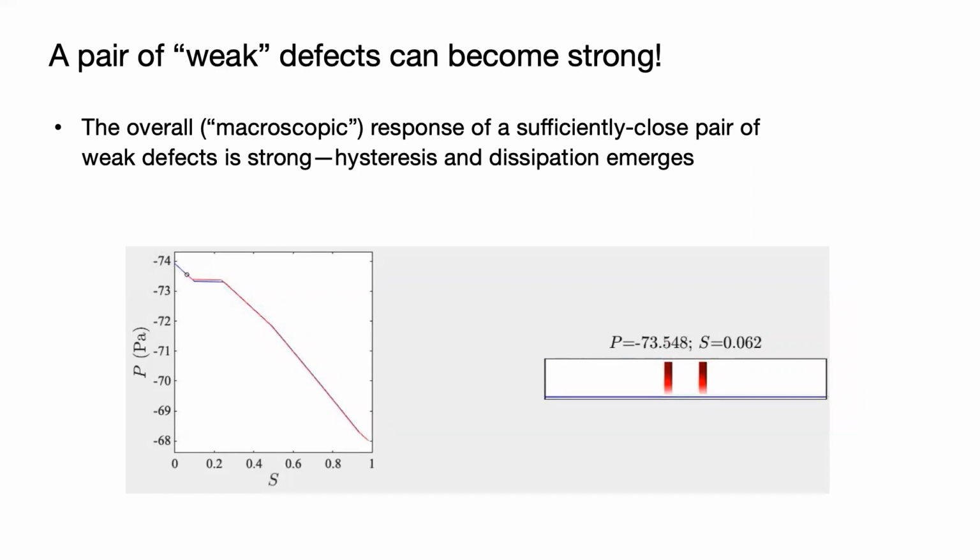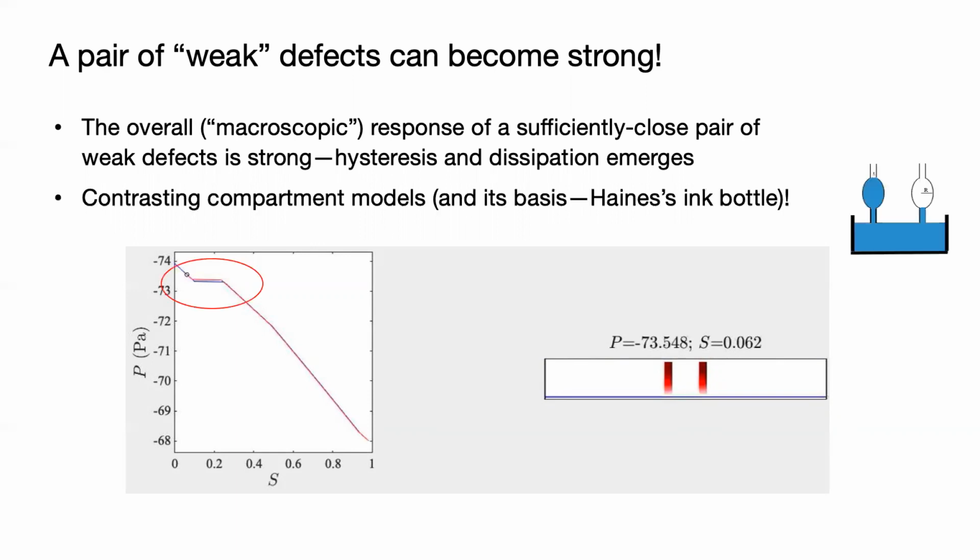So you have hysteresis and dissipation emerging, even though each of these units is not hysteretic, and again, it's not a hysteron. Okay, so this contrasts. You have a dissipative hysteretic cycle here, and this contrasts with what you would expect from a compartment model.